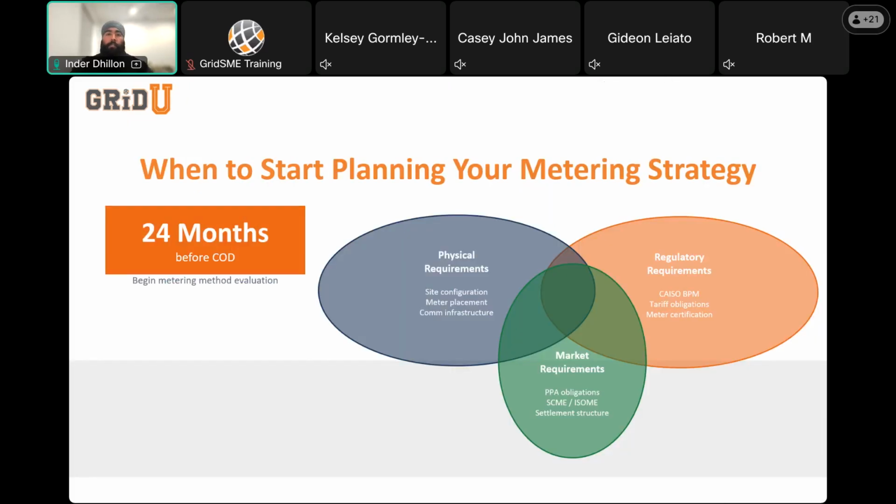So just before we get into the technical details, I want to spend a minute on timing because this is one of the most common ways projects get into trouble. Metering strategy isn't something you figure out at the end of a project. By the time you're close to commissioning, your transformers are in the ground, your communication infrastructure is designed, and your PPA terms are locked.